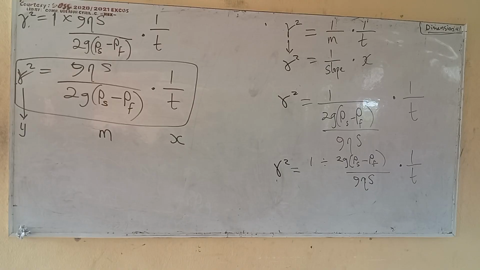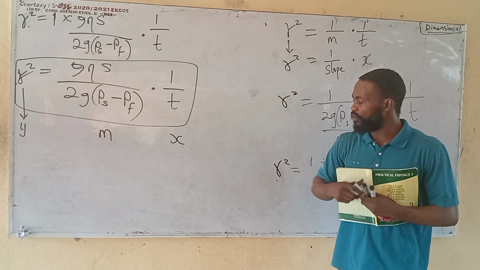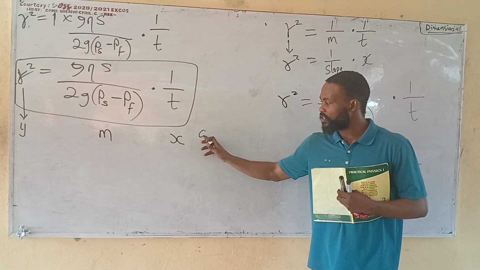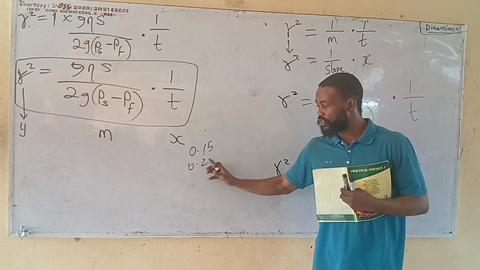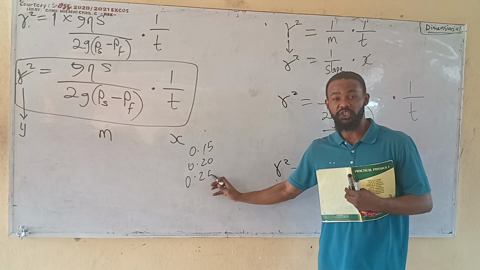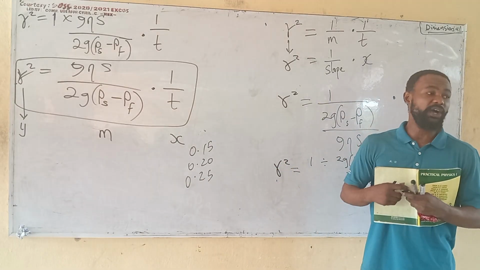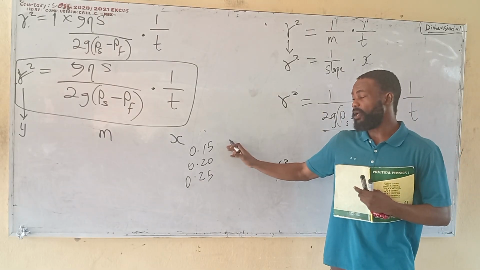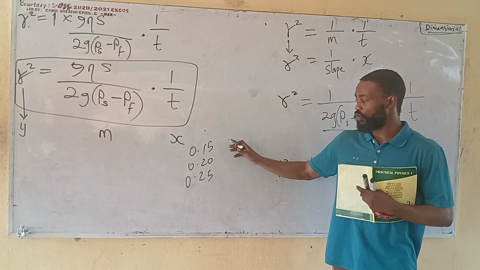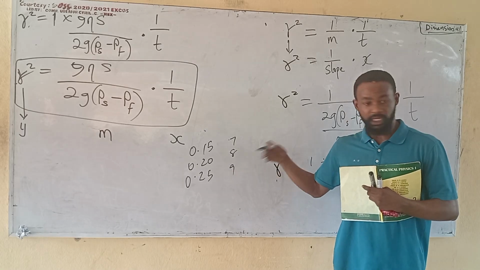If you make mistake with your time in this thing, if you remember when we started with things like the denser, the lesser the time. Shebi? So if you presume and you are not doing it right, let's say you have 0.15 as your radius, 0.20 as your radius, 0.25 as your radius, and maybe somewhere because you like things going from positive increasing, you come and do 7, 8, 9, you are in the right order.